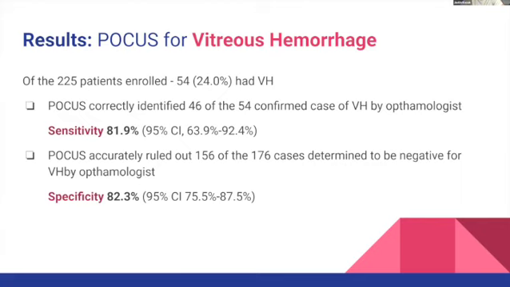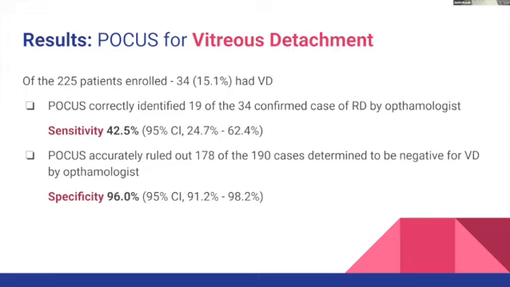POCUS correctly identified 46 of the 54, which gives a sensitivity of 81.9%. And of the 176 that were negative for this, the specificity was 82.3%. So for vitreous hemorrhage, a little bit less sensitive and specific, but still above 80%. And I'm going a little bit fast because I'm mindful of time.